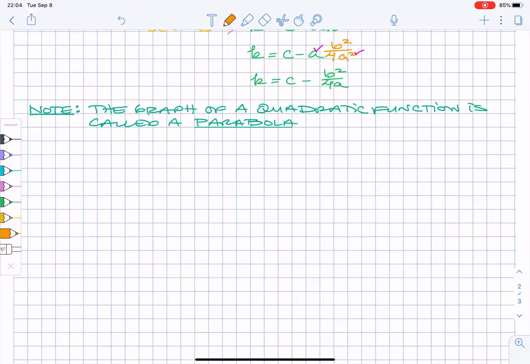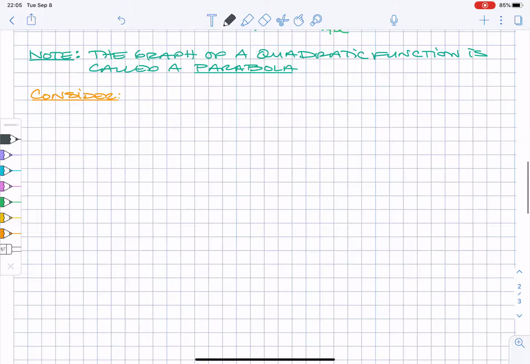Okay, so let's consider the following. So let's do x and y coordinate axes. And I'm going to copy this at least 2 more times.